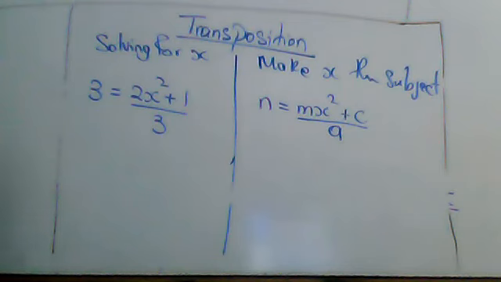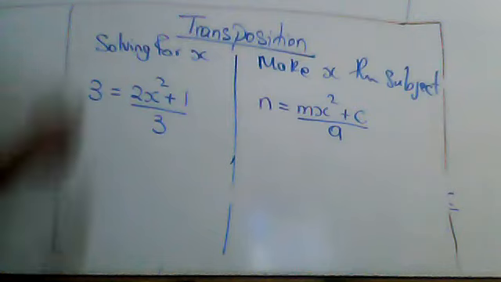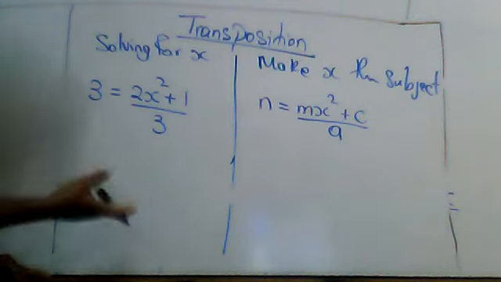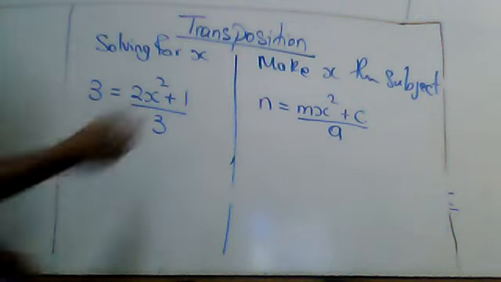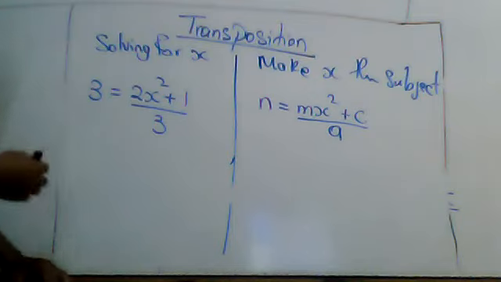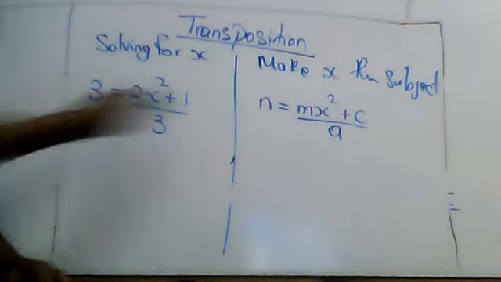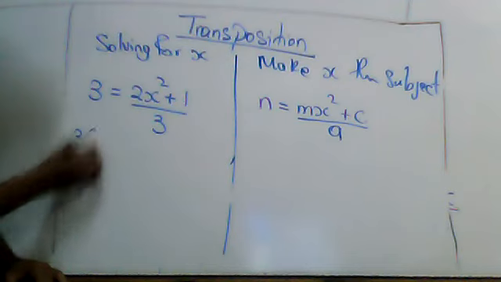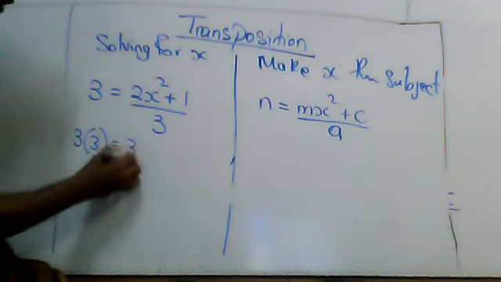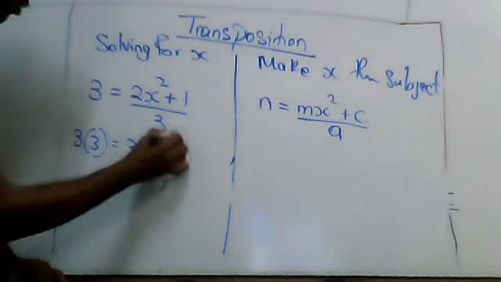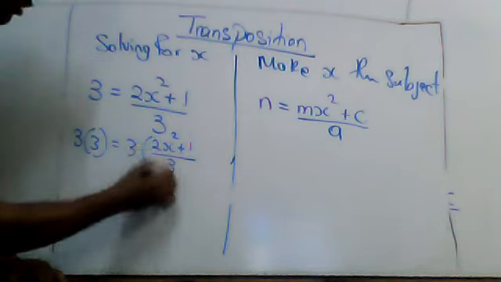Alright, so can I go ahead and solve the question? Remember, it's an equation with fractional components in it. So the first thing we're going to find is the LCM. In this case, the LCM is 3. So we're going to multiply right through by 3. So it's going to be 3 times 3 equals 3 bracket 2x squared plus 1 all over 3.